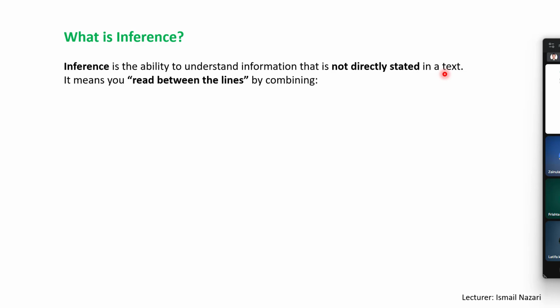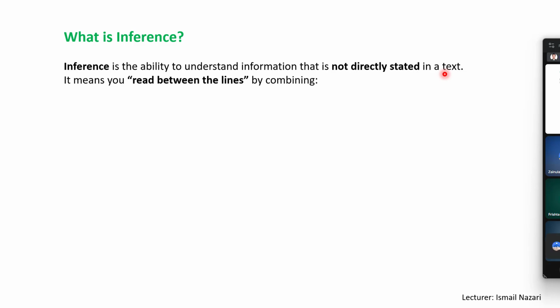So the inference is getting the point of a specific text, which is indirect, or indirectly stated. It is implicit, and the writer doesn't tell it with the words directly, I mean. So in inference, we are supposed to find out the indirect idea stated in a text.